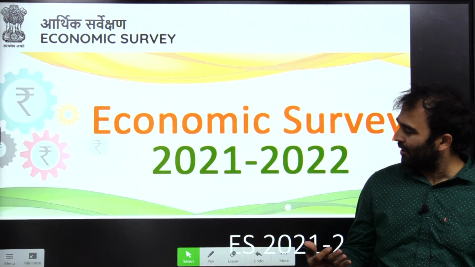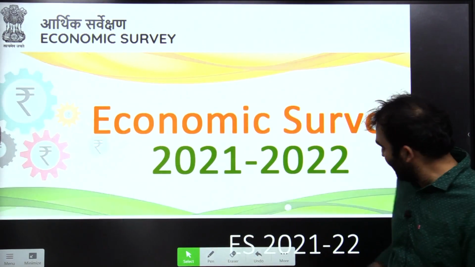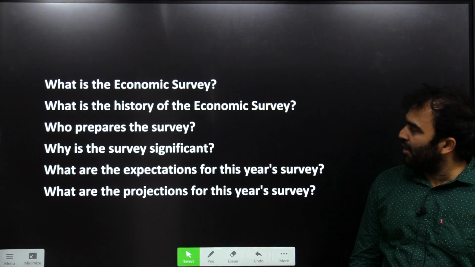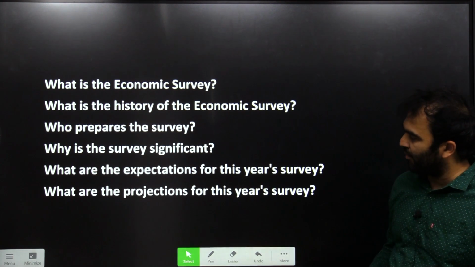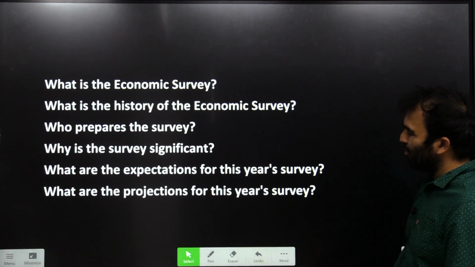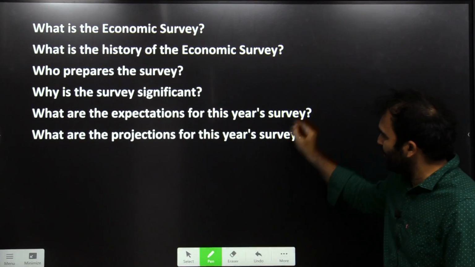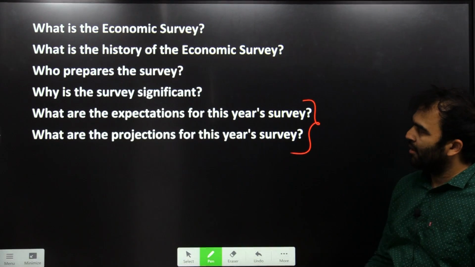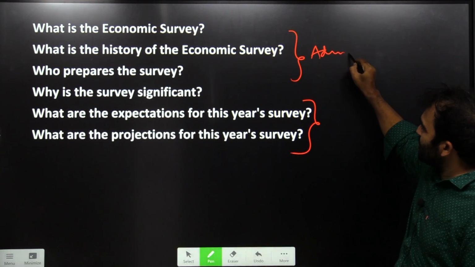We'll just look at the administrative aspects of budget and economic survey. So what is economic survey? History, who prepares it, why the survey is significant, expectations, and what the projections are. Most of your questions are from this part. So these 3 will go towards your administrative questions.